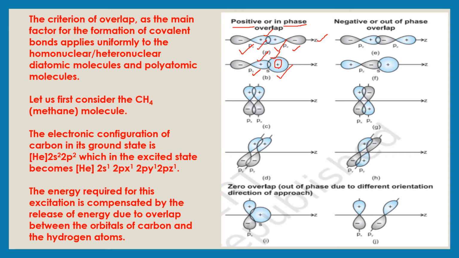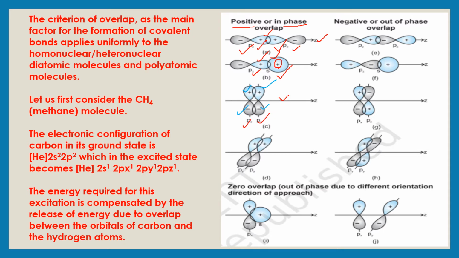Then these are two px orbitals of different atoms. Now you can see that they are perpendicular to this z-axis, which is the molecular axis. So here I will show positive overlapping with the positive side and negative with the negative side. This type of overlap is called sideways overlap, if you remember, and that is possible in case of pi bonds, right?